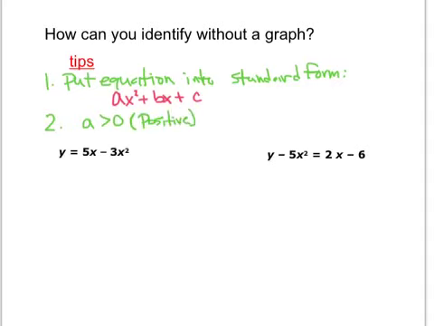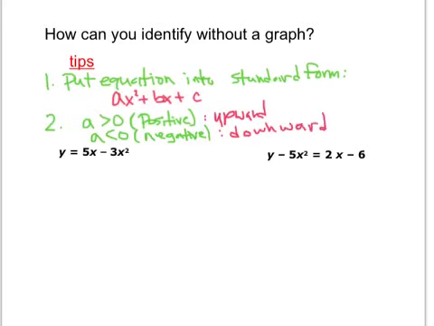the graph is going to point upward. And if a is less than 0, or negative, you should assume the graph will point downward.